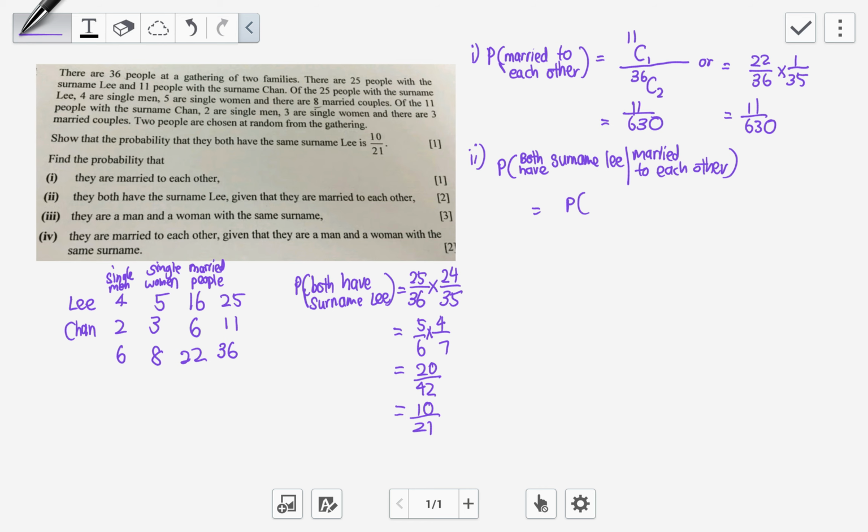So it's the probability of both having surname Lee and at the same time married to each other.